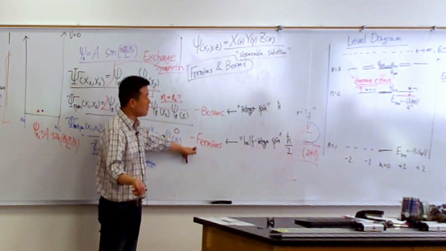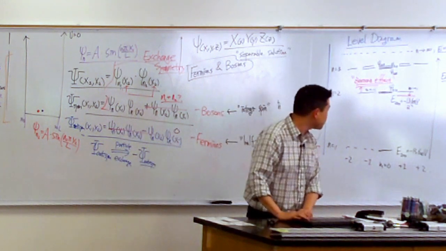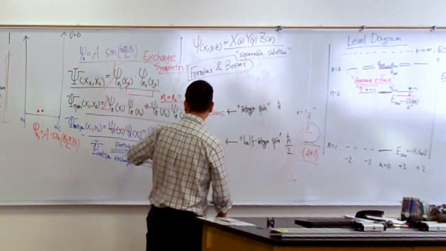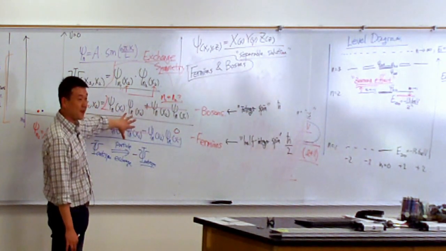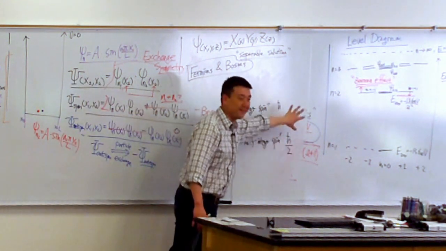And this is the reason behind what you've been taught as the Pauli exclusion principle in chemistry. This is the more fundamental reason for it. There are still pieces I glossed over, like why these are defined this way.